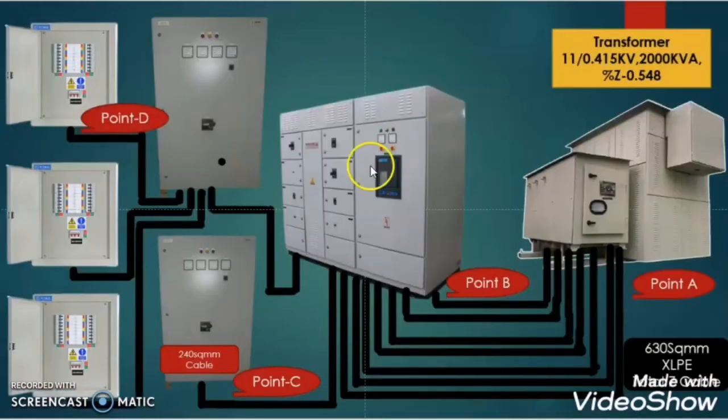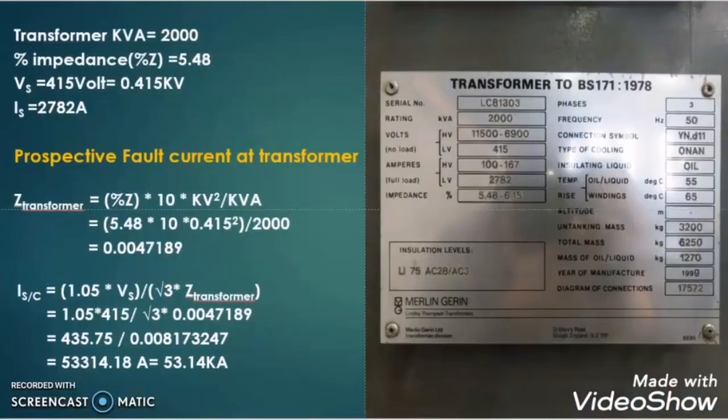Now, how will we get this data? For the transformer, you can get it easily from the transformer nameplate. Here you can see that this is a 2000 kVA transformer and it has the percentage impedance from 5.48 to 6.15, and the secondary current is given as 2782.